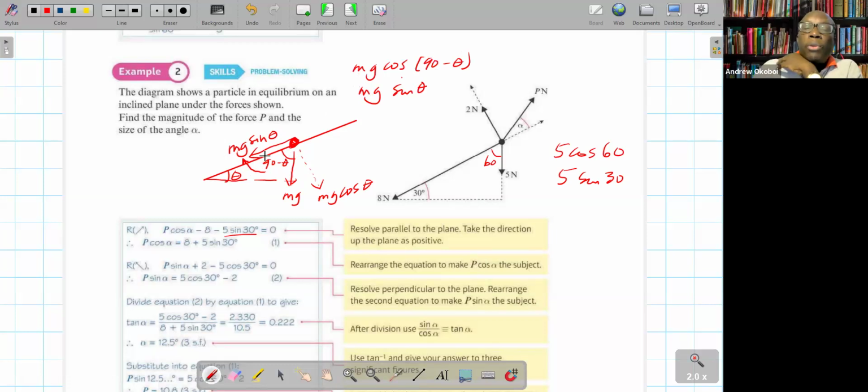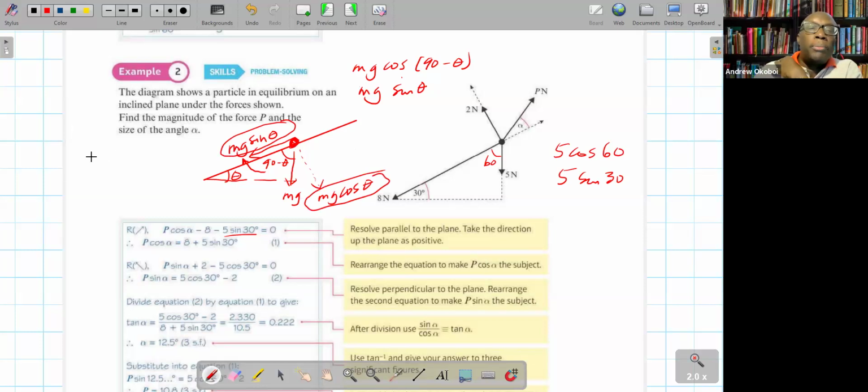Just remember that whenever we're doing an inclined plane and we're looking at the weight of an object on an inclined plane, if we turn it to the left, it becomes mg sine theta. And if we turn it to the right so that it's perpendicular to the plane, it becomes mg cos theta.